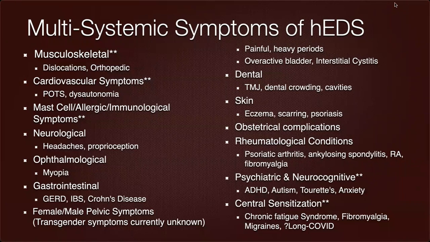Acne in some people, and acne scarring, and some people do get psoriasis. There are sometimes obstetrical complications, and other times people have very straightforward experiences there, so again, more research is needed. As I mentioned before, there are rheumatological conditions associated with hEDS, and then neurodiversity in general, along with other neurocognitive disorders, and definitely a lot of central sensitization syndromes.